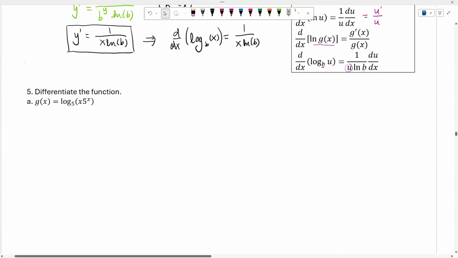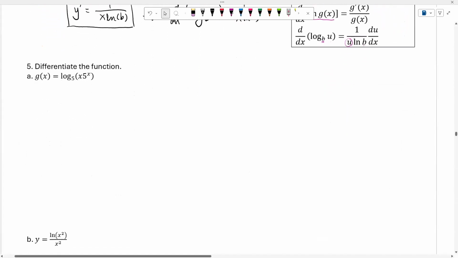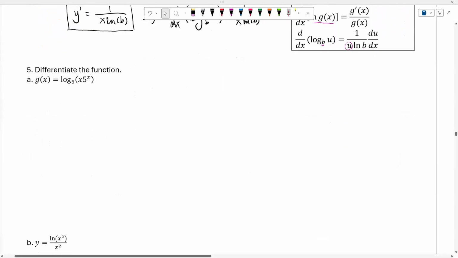Now, let's see how to actually take care of the derivative of this log. In this case, of course, we could use the idea that x times 5 to the x is the u.